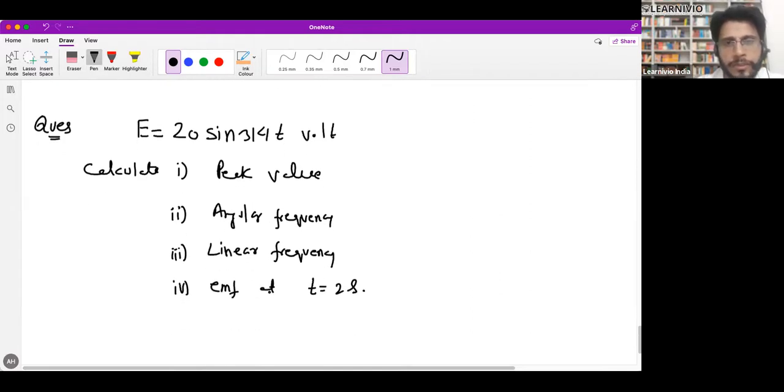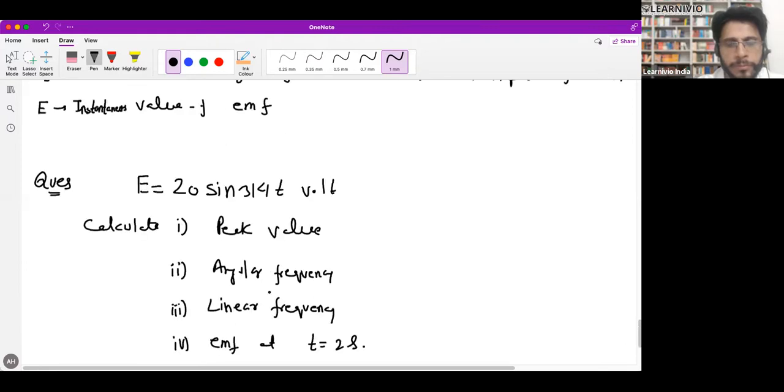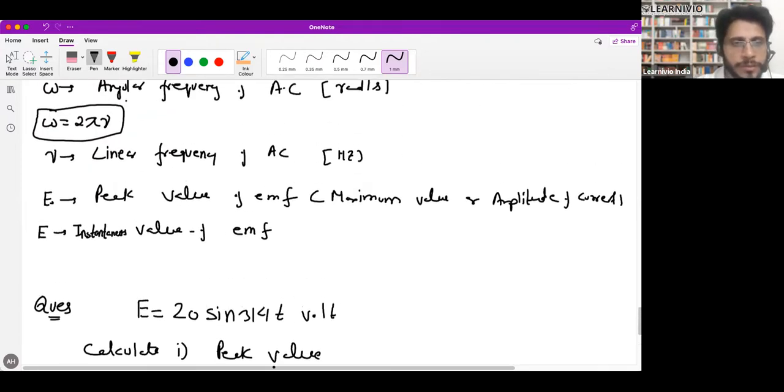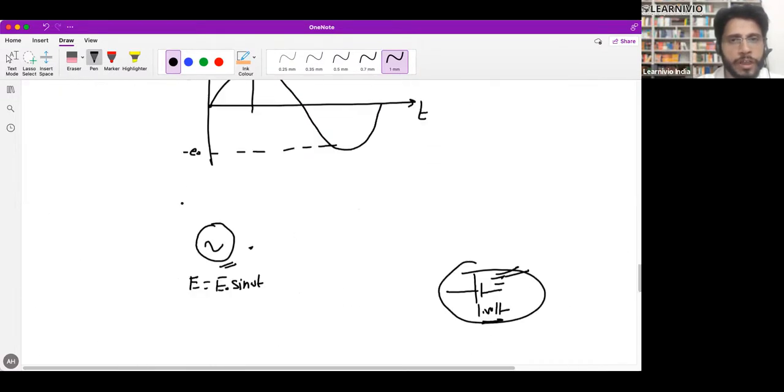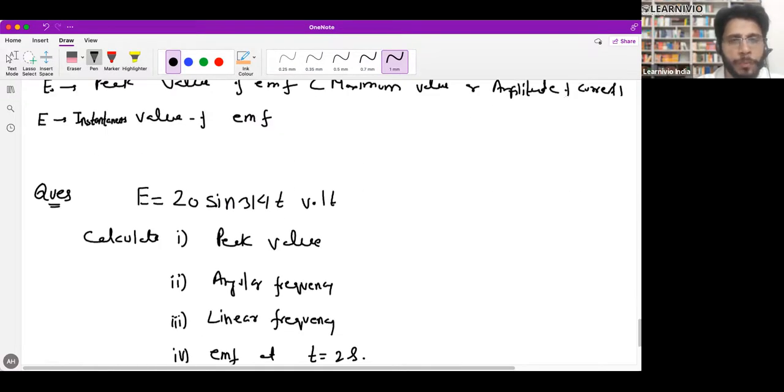Abdullah, first part is correct. Second part is correct. Third part is also correct. Noor, yes, second is also correct. Mariam, at least write the answer for the first part. See, if you can't solve it, just compare this equation with this equation, and keep on writing the values of E naught and omega.